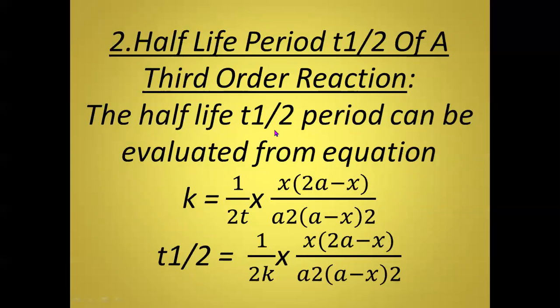Here we can write half of the initial concentration. According to the definition of half-life period, it is the time required to convert half of the reactants. If A is the initial concentration, half of A is A by 2.